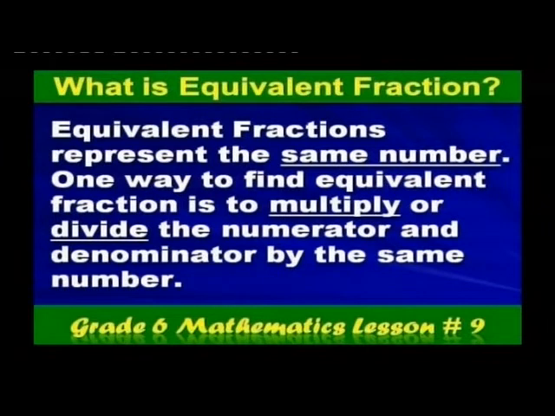One way to find equivalent fraction is to multiply or divide the numerator and denominator by the same number. Having in mind, in our previous lesson, we went through learning parts of a fraction, so you should now know which of the numbers represent a numerator and which one represents a denominator.